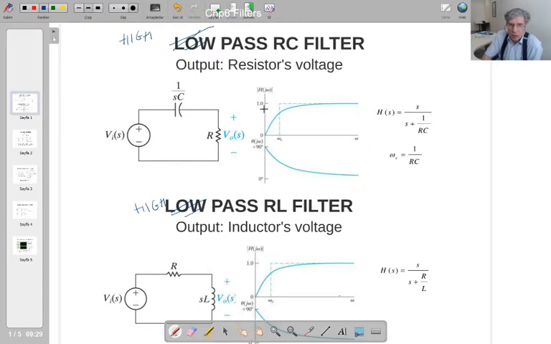So if you find the transfer function, if we take the output, the transfer function H(s) was 1 over RC over s plus 1 over RC. It was this. Now it became this.